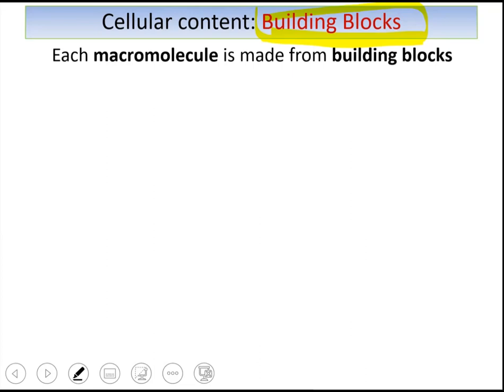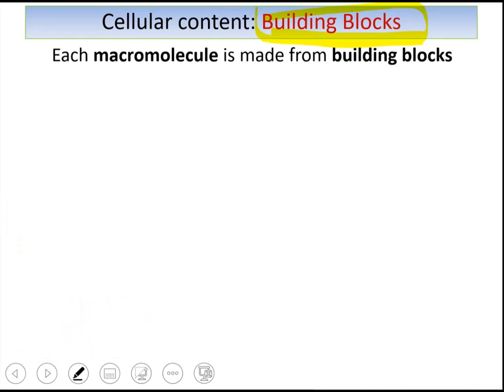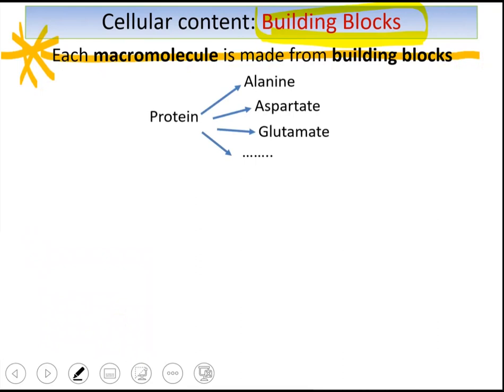Now I will define a term called building block to link the macromolecule-based biomass reaction with the reaction list we already have. We have already compiled it based on central carbon metabolism reactions and anabolic reactions. So each macromolecule is made from building blocks. How?